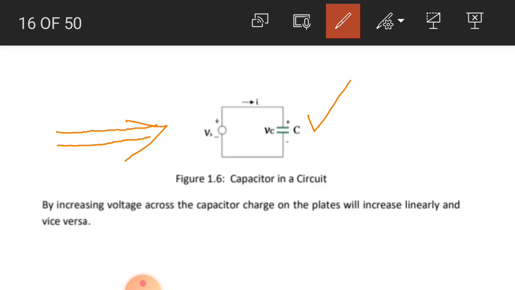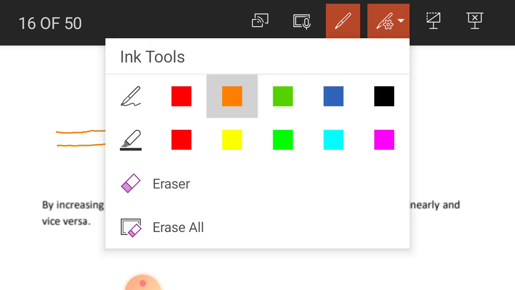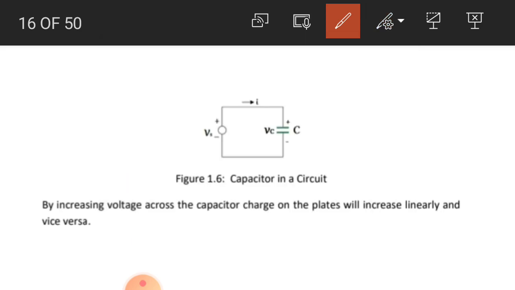Whenever there is a current in a passive circuit element, the current results in a voltage drop. So the current in this passive circuit element will result in a voltage drop. You see, we apply KVL to this loop.